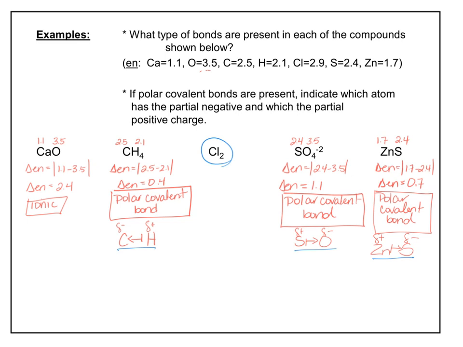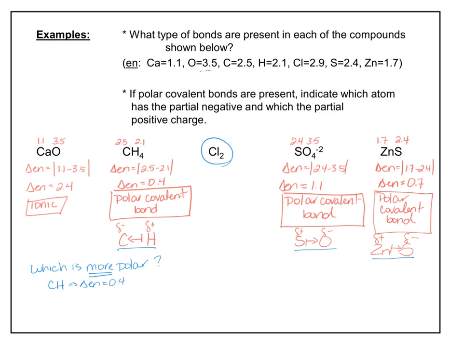Let's ask another question. Which is more polar of those three polar covalent bonds? So let's remind ourselves. We have the CH bond, and the CH bond's delta EN is 0.4 from above.